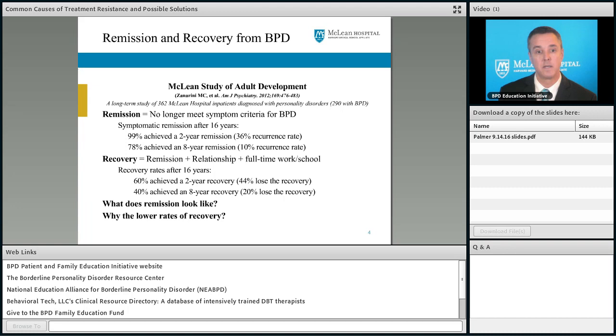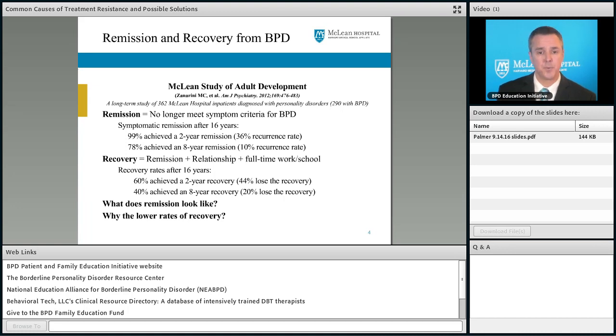Losing the recovery could be a recurrence of symptoms, or going from full-time work to part-time work, or losing the job and having no work, or losing the relationship. And 40% of them achieved an 8-year recovery. That was more durable, because if you got to an 8-year recovery, only 20% of them would lose that recovery.